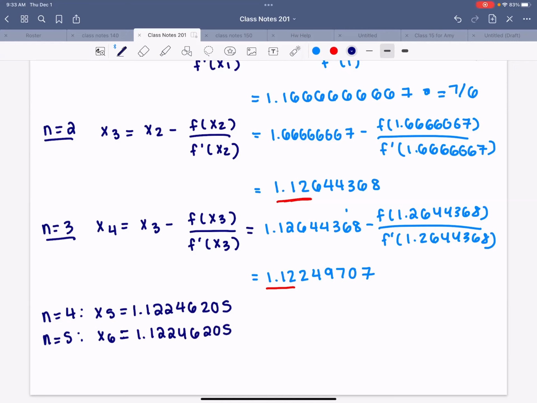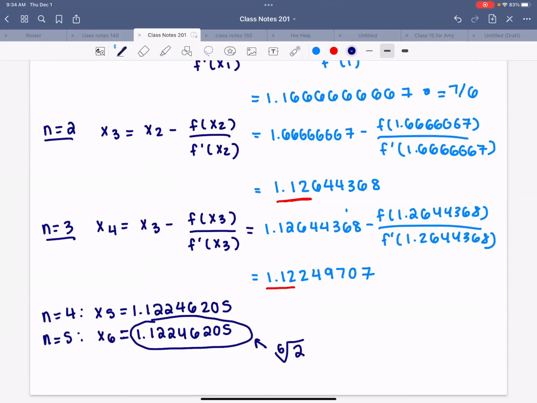We're at a point now that x5 and x6 actually match, right? And if I continue doing Newton's method over and over again, I'm just going to get the same 8 decimal places that I already wrote, right? So what do you think the answer is? That, right? That this has to be the answer, because no matter how many more times I do Newton's method, I know that the 6th root of 2 correct to 8 decimal places is this.